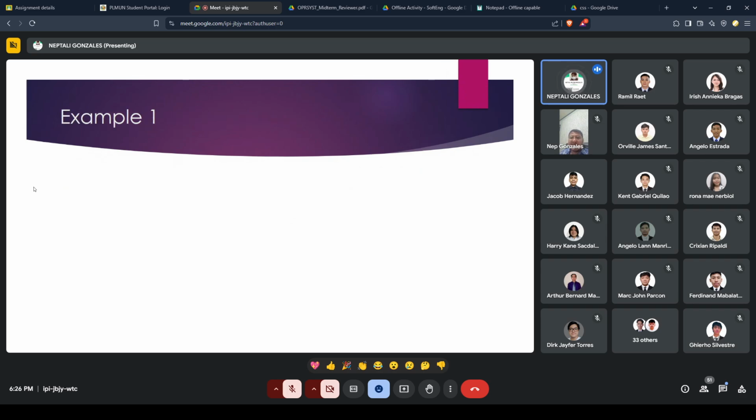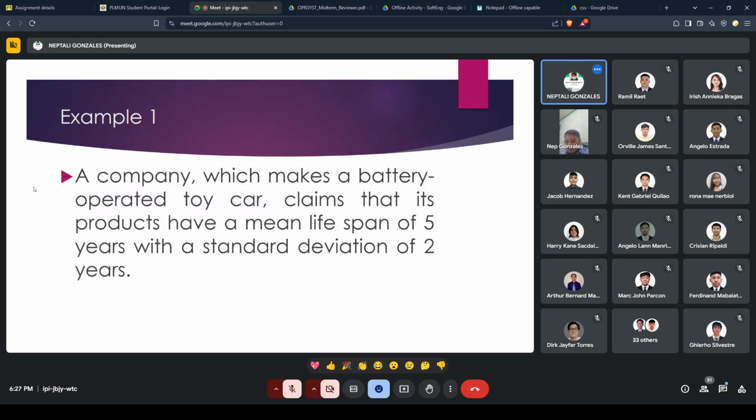For example, so that you will have a grasp of what hypothesis testing is. For example, a company which makes a battery-operated toy car claims that its products have a mean lifespan of 5 years with a standard deviation of 2 years. O, diba? Given, no?